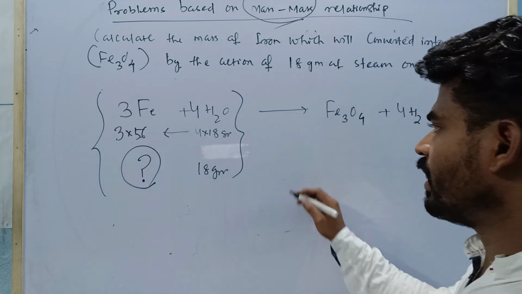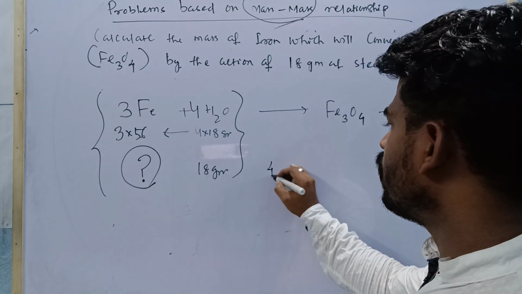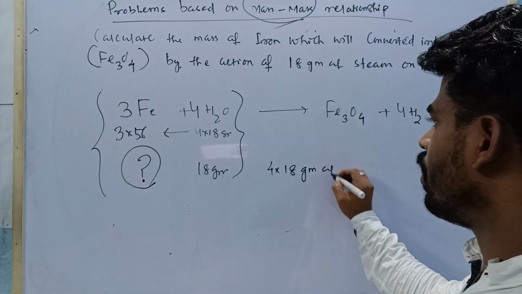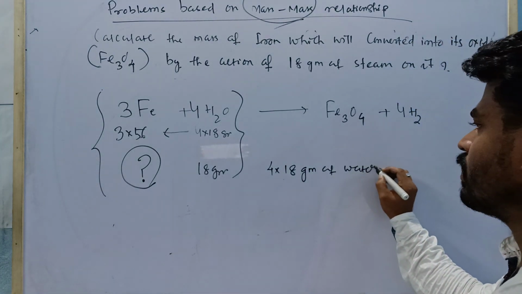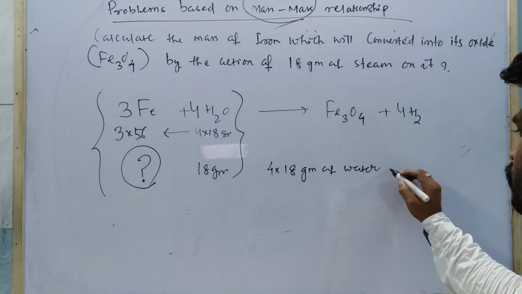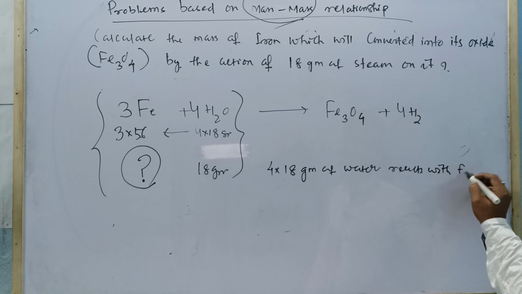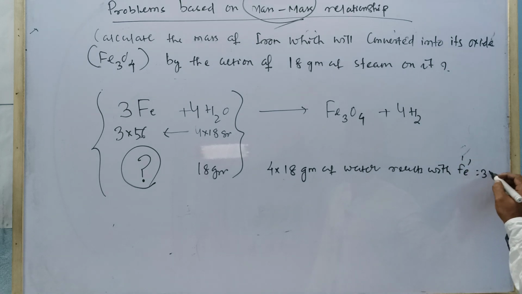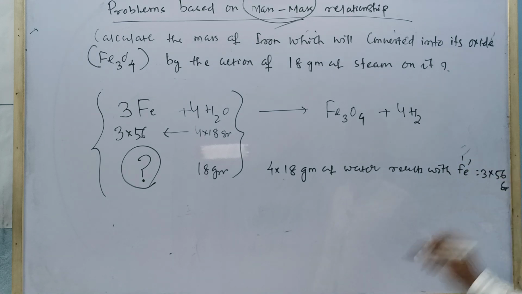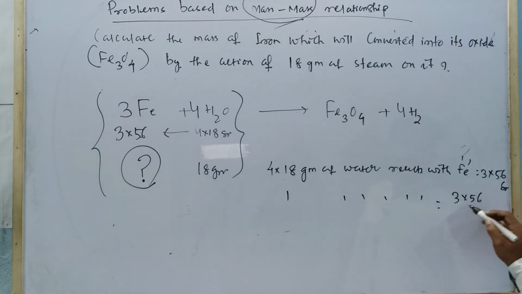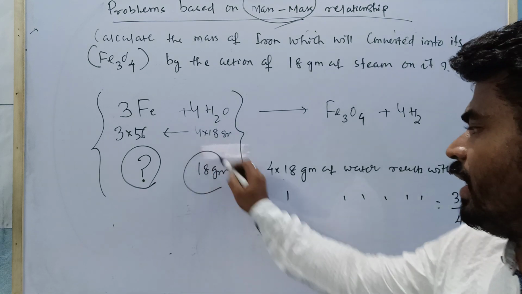Okay, so you can write 4 into 18 gram of water reacts with iron, that is equal to 3 into 56 gram. So 1 gram, that will be 3 into 56 divided by 4 into 18, and the question is about your 18 gram.